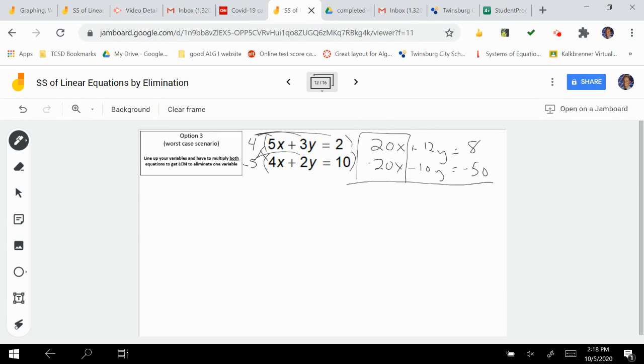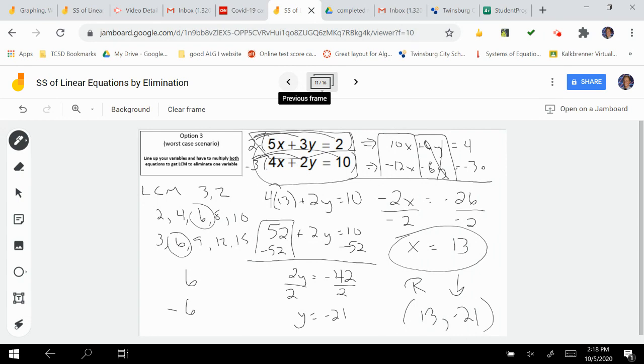What's 20 minus 20? Elimination. What is 12 minus 10? 2y. What is negative 50 plus 8? Get you negative 42. Divide by my 2, I get y equals negative 21, which hopefully was my answer back here, which it was.